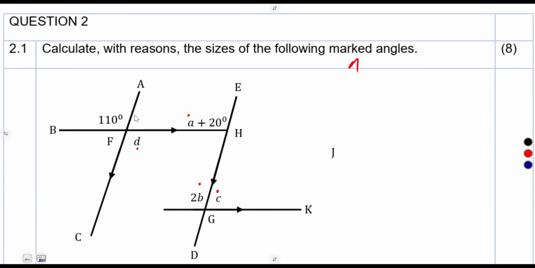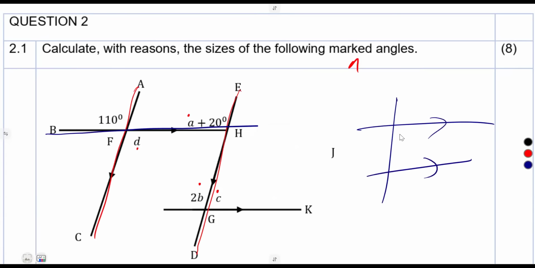We can see that there are lines which are parallel, AC and ED, they are parallel. These two lines, they are parallel to each other. And there is B, which is our transversal line. And as you can see, we are forming what? F angles, corresponding angles. One is inside, one is outside. So 110 corresponds to A plus 20.